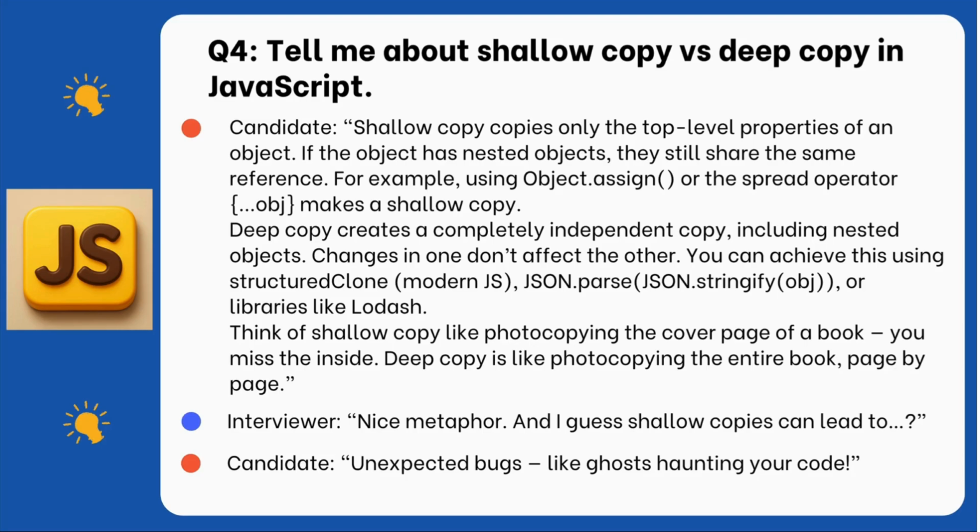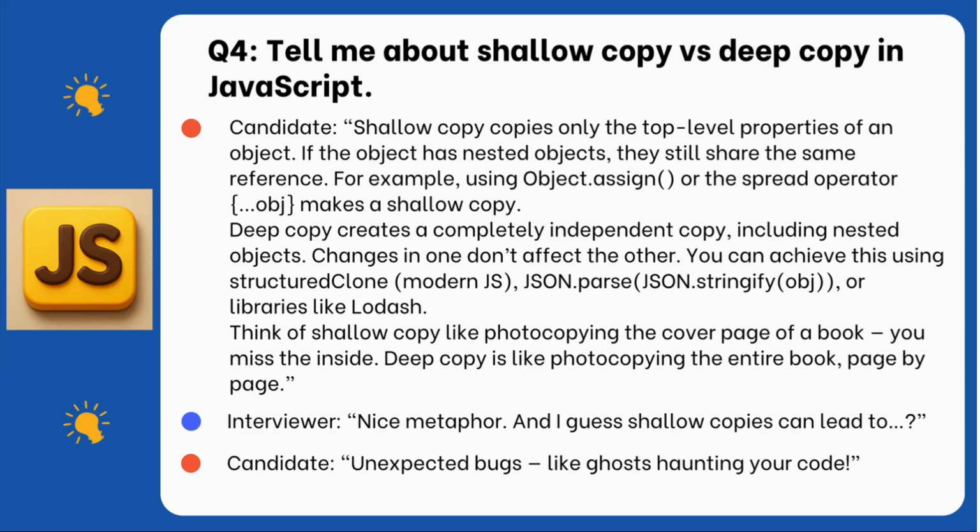Deep copy creates a completely independent copy, including nested objects. Changes in one don't affect the other. You can achieve this using structuredClone, modern JS, JSON.parse(JSON.stringify(obj)), or libraries like Lodash.